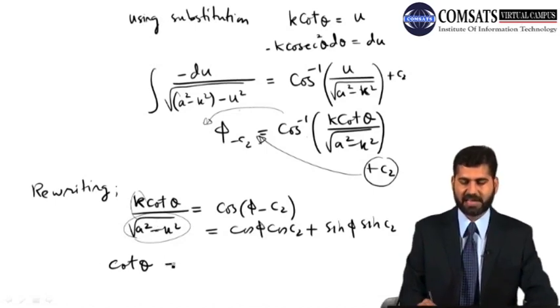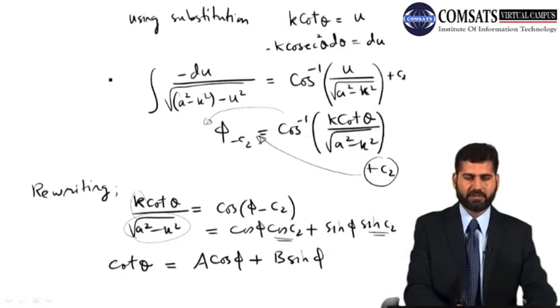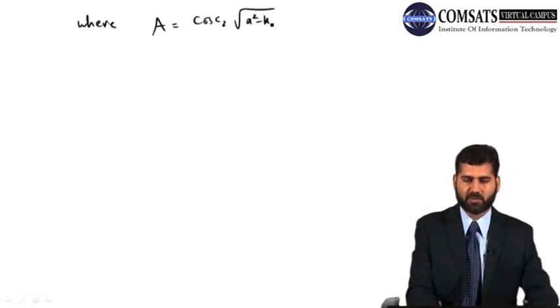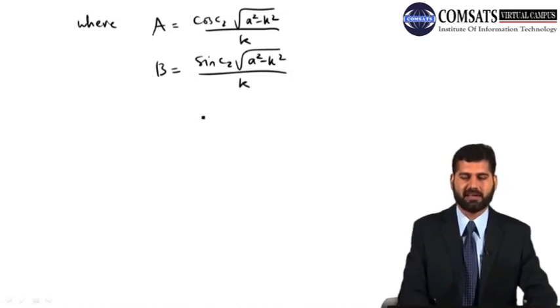So cot theta can be written as a cosine phi plus b sine phi, where a and b are given by a is equal to cos c2 times square root of a square minus k square divided by k, and b is equal to sine c2 times the same. Because this is a constant, for convenience we can write this as a and b.